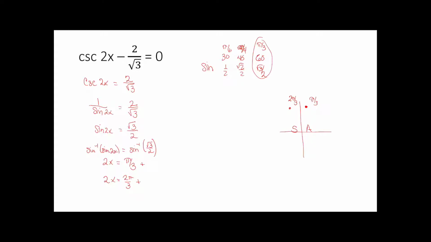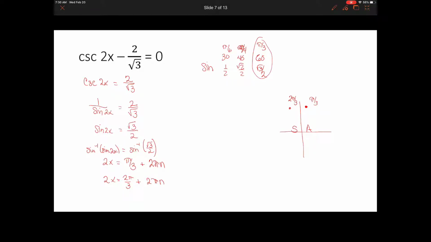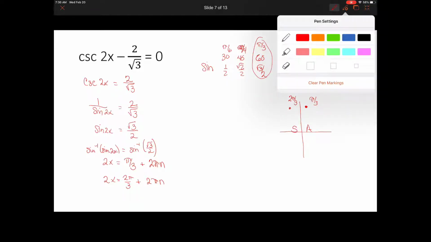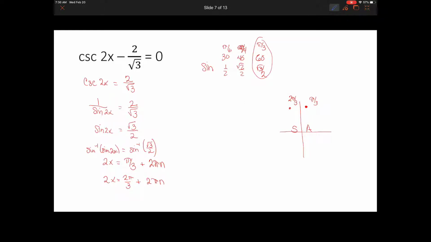Let's talk about our rotations here. These are not pi removed from each other, 180 degrees removed from each other, so we have to list them both. So we would have a 2 pi n for both. And then we have to ask ourselves, what are we going to do with that 2?